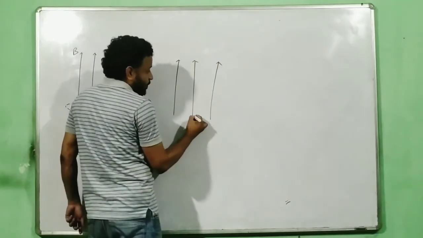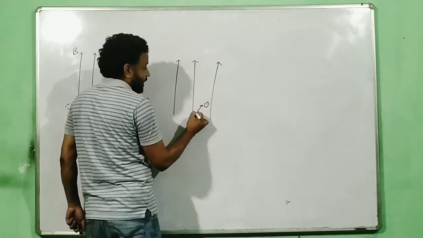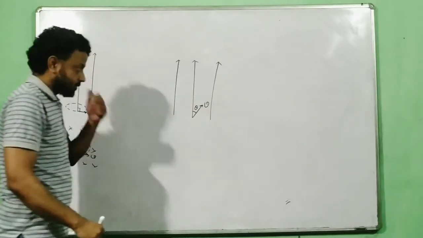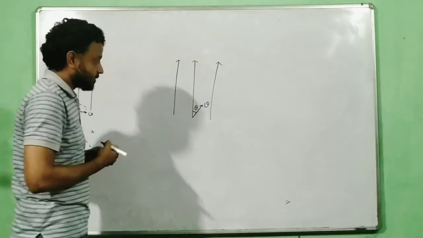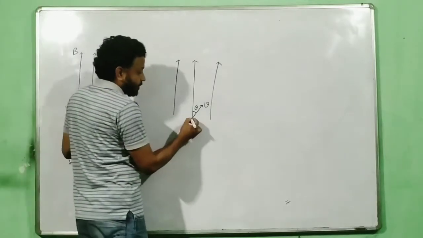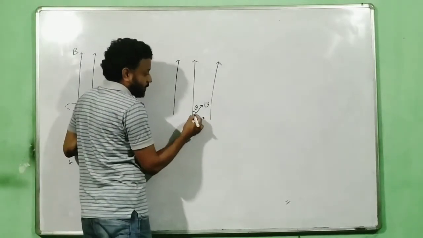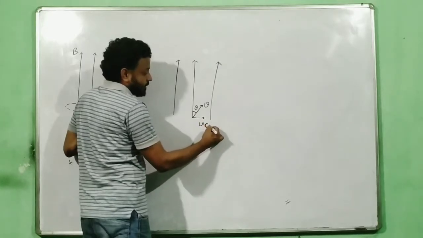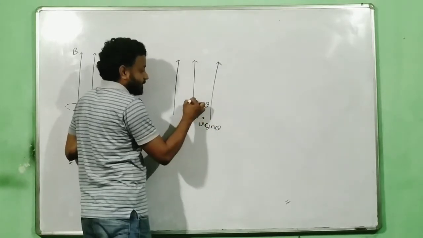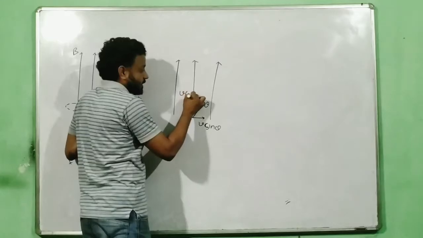Suppose I am providing this velocity V at an angle of theta. If I resolve this velocity into two components, I have V sin theta and V cos theta.